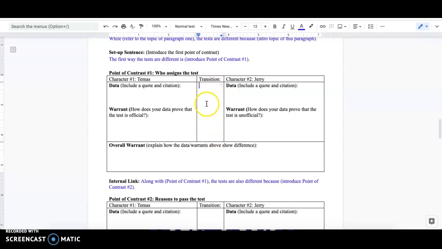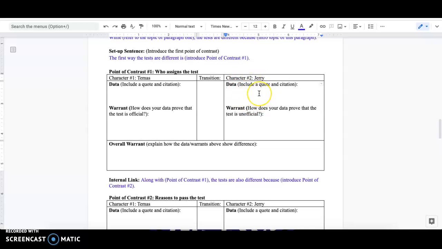So since we're contrasting this paragraph, you might want to use a transition like while, or unlike that, or just something that shows that Tamas's test is official and Jerry's test is unofficial. So you don't really want to transition like in addition, because you're kind of moving from different sides of this contrast. Then you repeat the same steps over for Jerry.